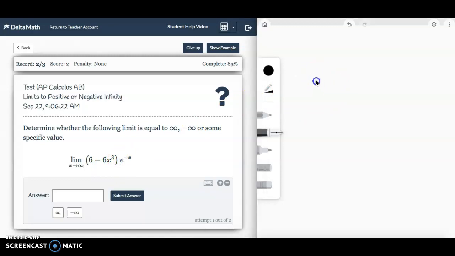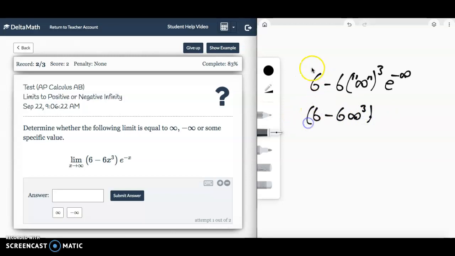So it looks like I'll do 6 minus 6 times infinity cubed, and then e to the negative infinity. Well, really, this turns into 6 minus 6 infinity cubed times, oops, I guess there were parentheses around this, weren't there? 1 over e to the infinity. And remember, as the denominator of a fraction gets really big, the whole fraction gets really small and goes towards 0.